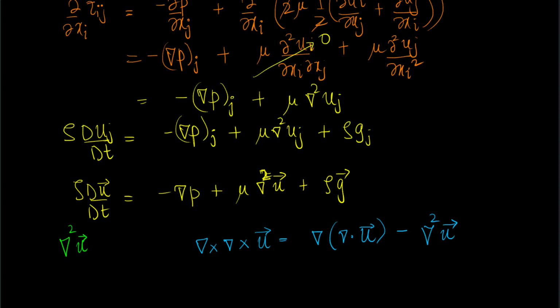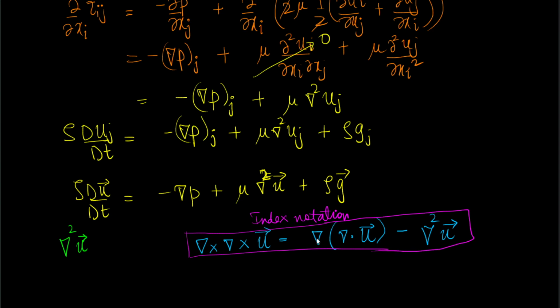This is a vector identity. You can easily prove this using the index notation, and I request you to go ahead and prove this at your leisure. It is a good exercise to do.